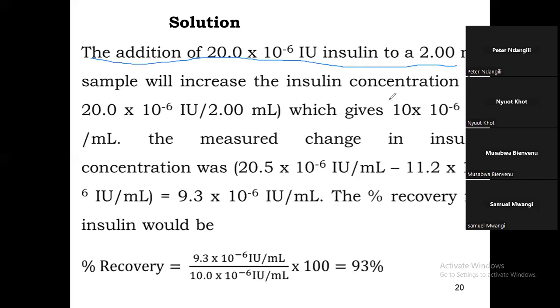And it is simply going to be 10 times 10 to the power negative 6 international units per milliliter. Is there any student who may have a question about this explanation, or may want me to clarify further on that statement? Any questions from you before I continue?